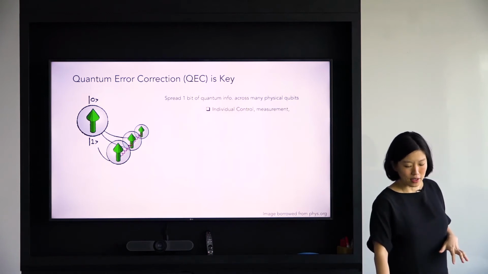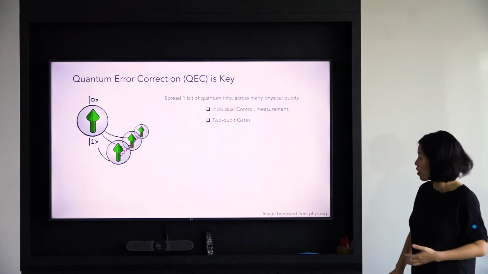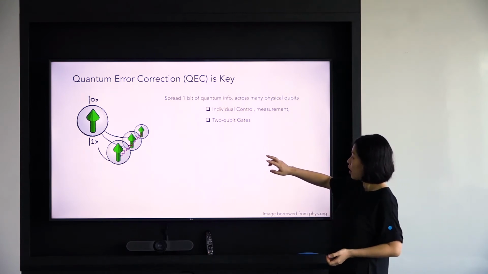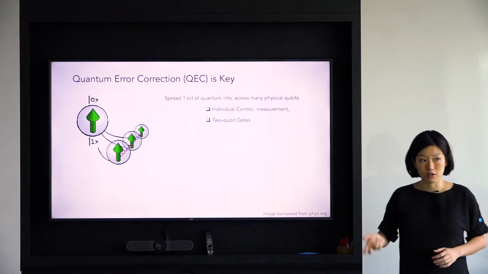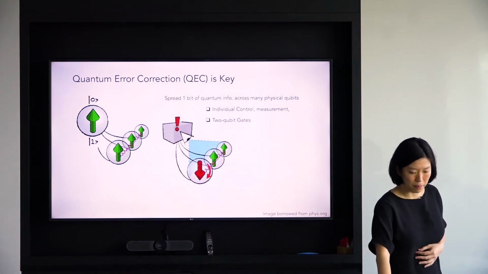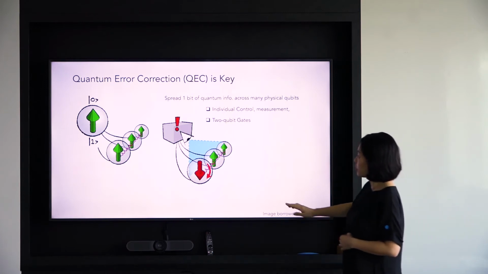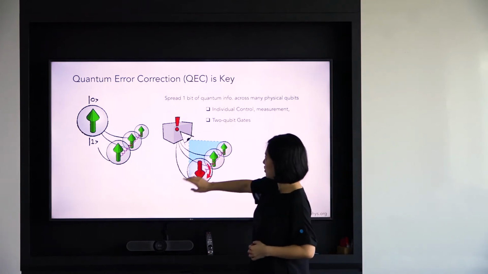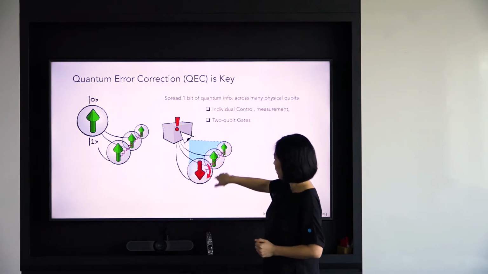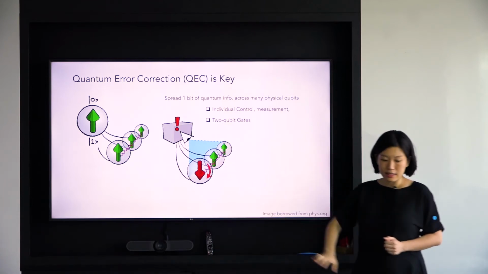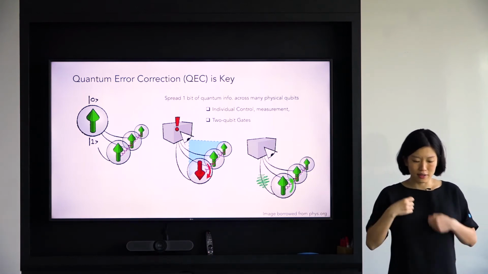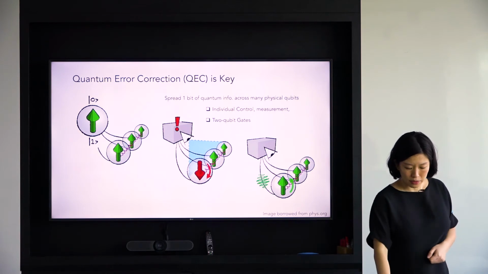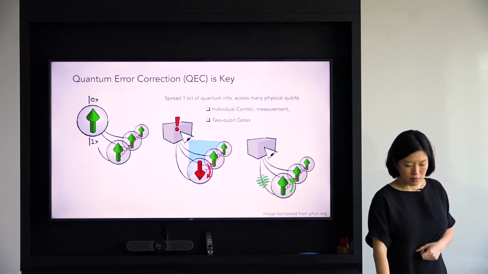In order to make this work, very often we'll need to have both individual control of the elements that you spread into, as well as interactions between two of them, or even multiple of them. With these, if something happens to the state that we want, with this redundancy we can now correct it without destroying our state. So we have a little bit of buffering in this simple example to protect us against one specific type of error that would happen.